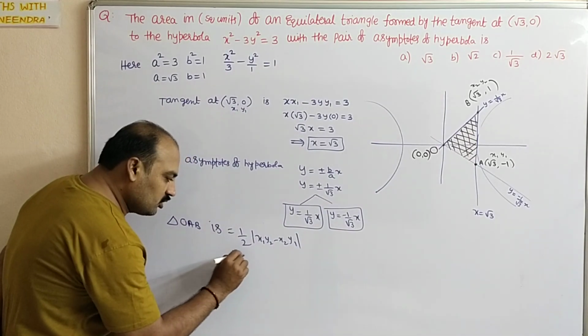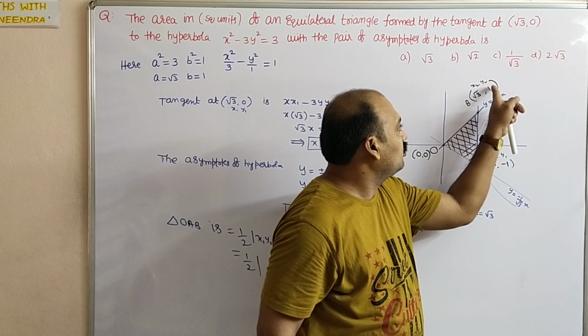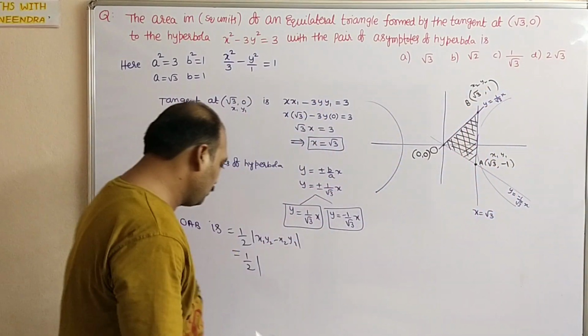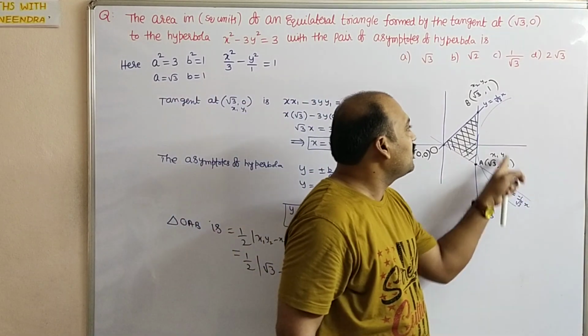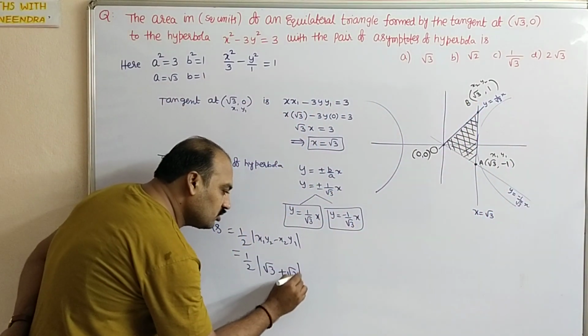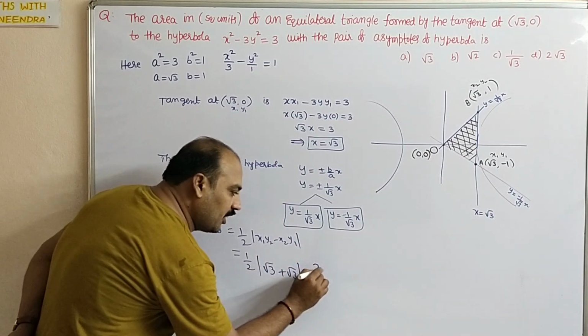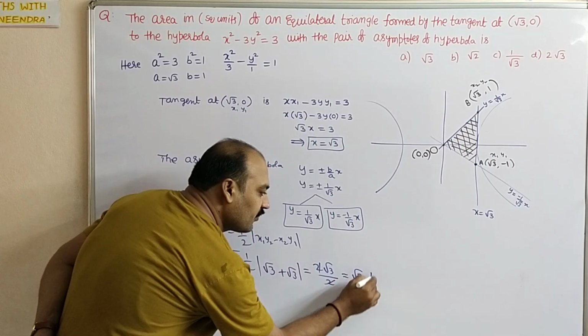Different formulas we have. So half into mod of x1 y2: root 3 into 1, root 3, minus x2 into y1, minus 1 into root 3 is minus root 3. Minus of minus root 3 gives plus root 3. So root 3 plus root 3 is 2 root 3, divided by 2. 2 gets cancelled, which is equal to root 3.